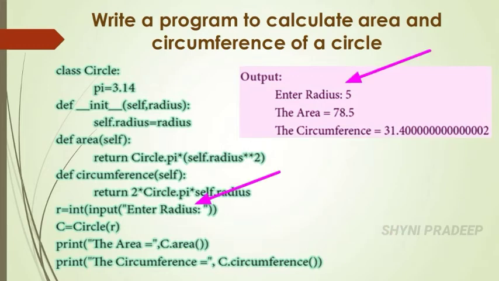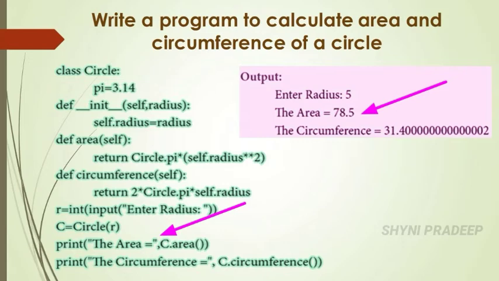So first you have to enter the radius value. So you are entering 5. Okay, 5. So the area is equal to c.area. c.area means what? Pi into r square. The pi value is 3.14 into the r value 5 square. Okay, 3.14 into 5 square is equal to 78.5.